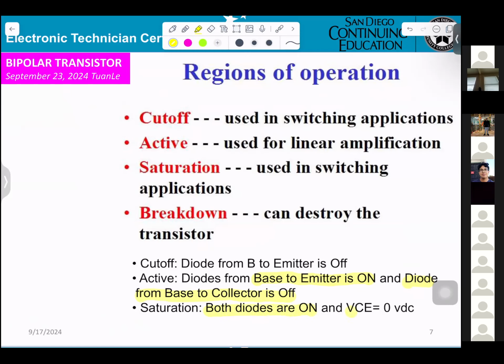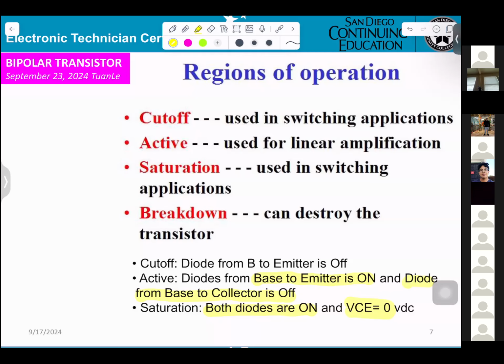And VCE equal 0. That's the minimum thing we have to know. So basically, the transistor can be cut off, active, or saturated.